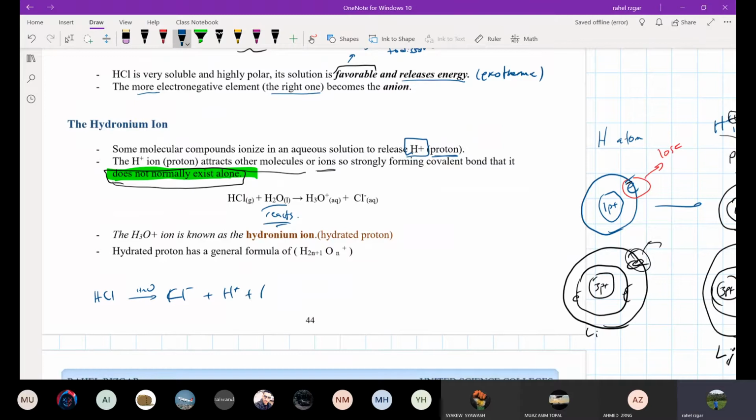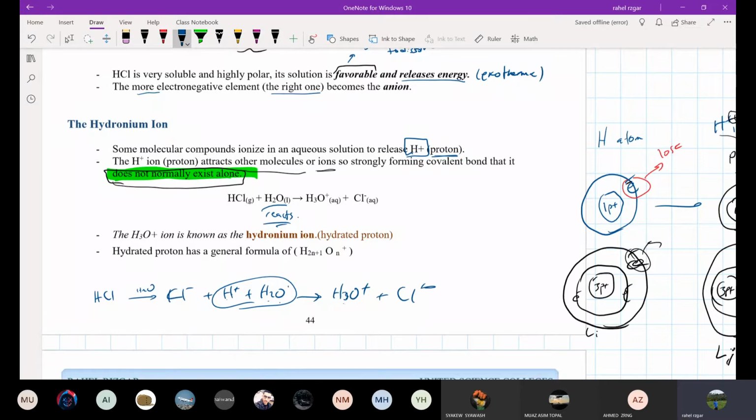It will react with the H2O, the solvent, and this H with the H2O becomes H3O. So why? Because H2O, two hydrogens with one hydrogen more becomes H3, and the oxygen is left. And this charge is neutral. This charge is positive, so the total is positive, and we still have Cl.